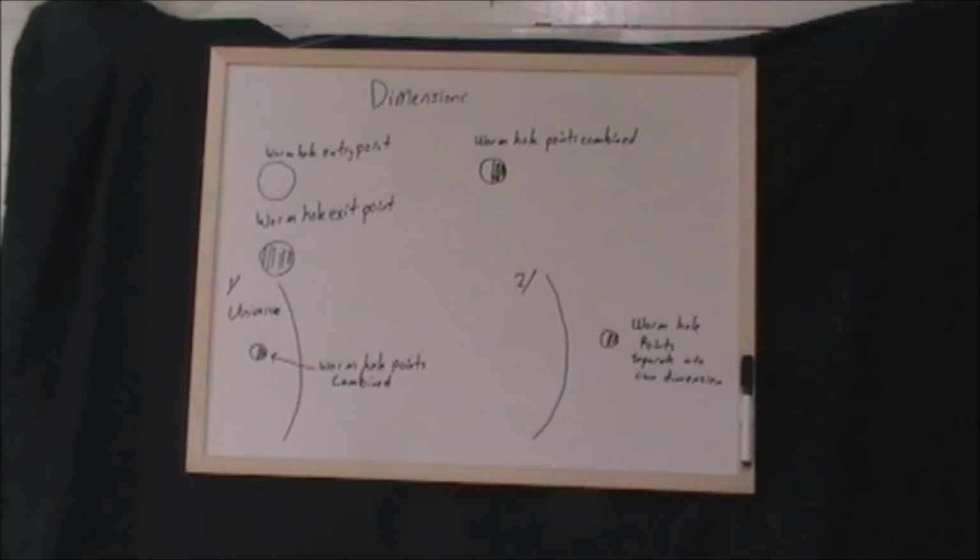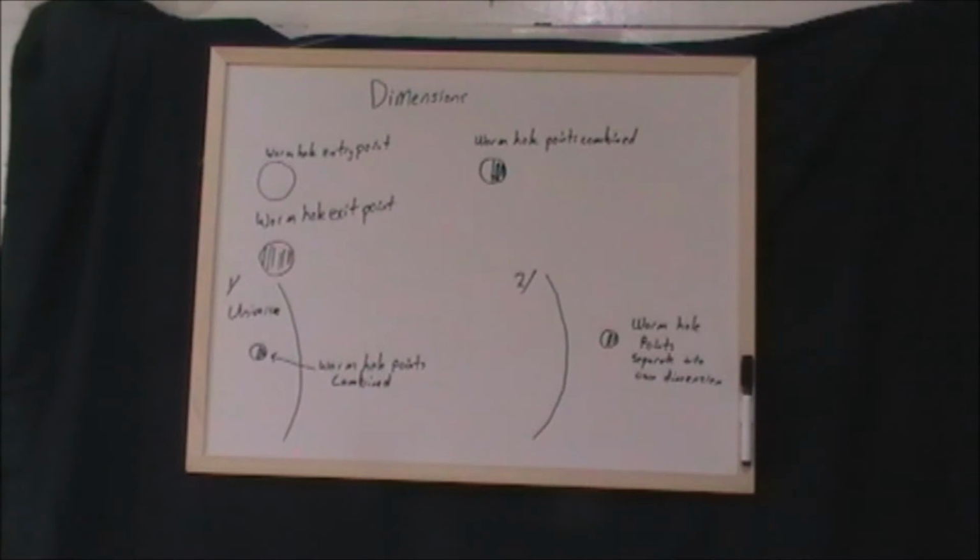So what we have, in this diagram here, in picture 1, shows a wormhole exit point and entry point combined within the universe. And then we see that when the two points are combined, it separates into its own dimension. So that's how a dimension is created.